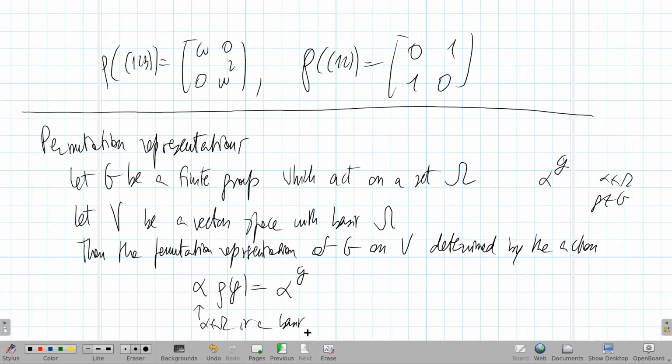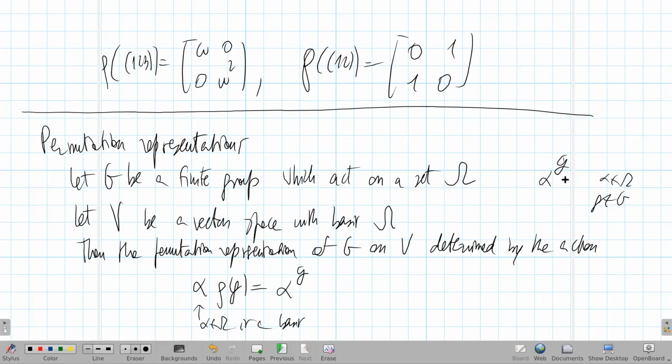And of course, we know that to declare a linear map on a vector space it is enough to declare the action on a basis and then extend by linearity. And we declare that the action of rho g, very much like in the case of the regular representation, is exactly the action.